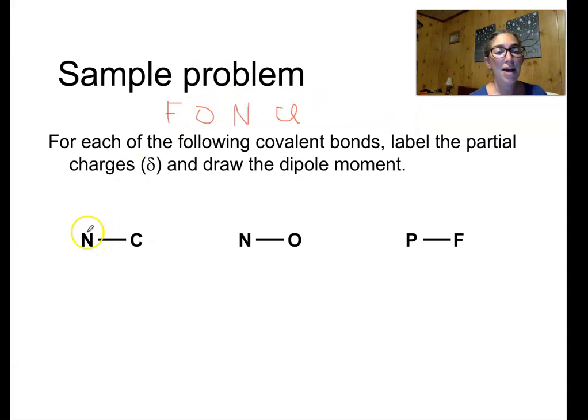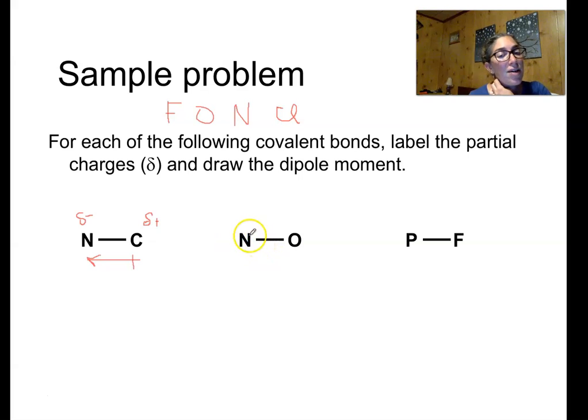So here we've got a bond between nitrogen and carbon. Nitrogen is an electron hog, carbon is not. So nitrogen is going to hog those electrons, and that arrow points to where the electrons are moving, and that means the nitrogen will be partially negative, and the carbon will be partially positive.